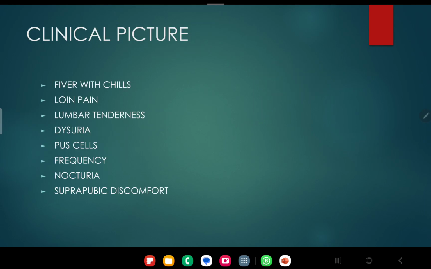Now, if a patient is suffering from acute pyelonephritis, what will be the clinical picture? What symptoms will the patient show?